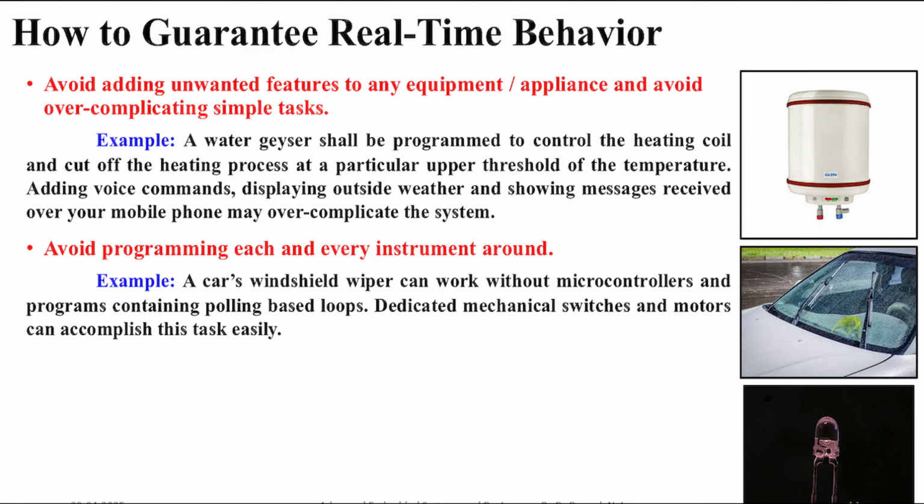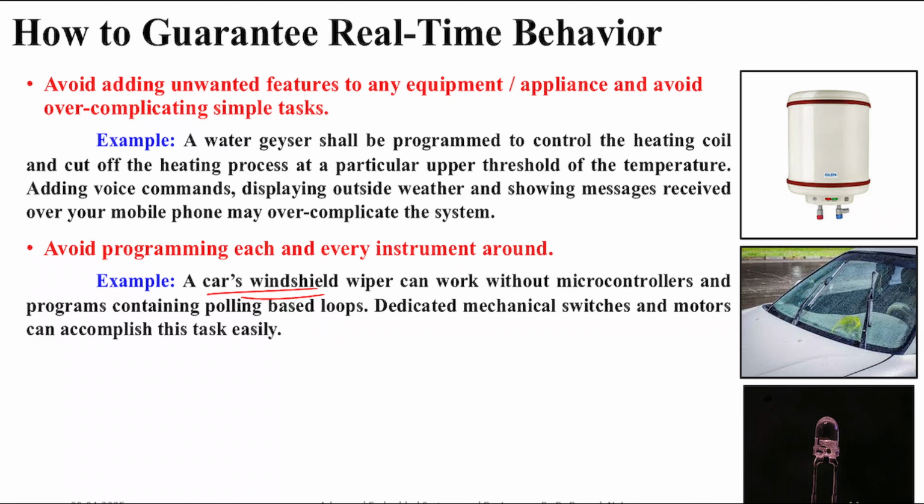Second, avoid programming each and every instrument around. Sometimes if we are going to program each and every simple device within a system, then we are again making the system very complicated, or we will be adding more and more delay in the overall system's output. For example, a car's windshield wiper. This can be designed using a simple motor.